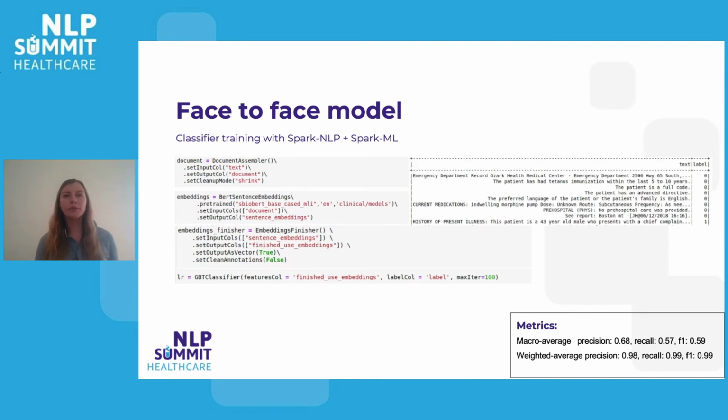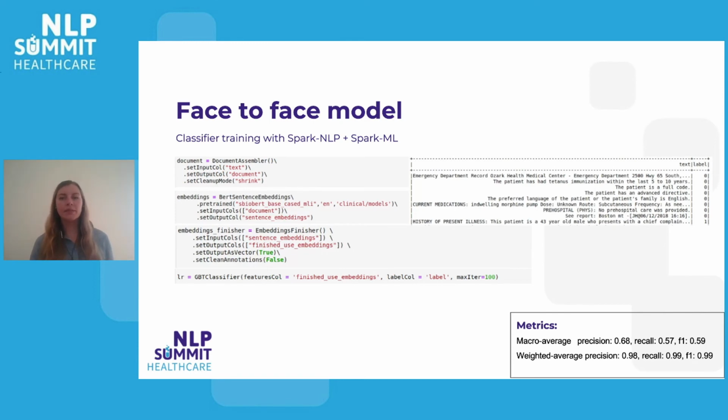To train this kind of model, we can use BERT embeddings, which can be replaced with some others. Here we chose to use pre-trained clinical BERT embeddings provided by the Spark NLP library, and then we used a GBT classifier to identify the sentences containing the label of physical presence.